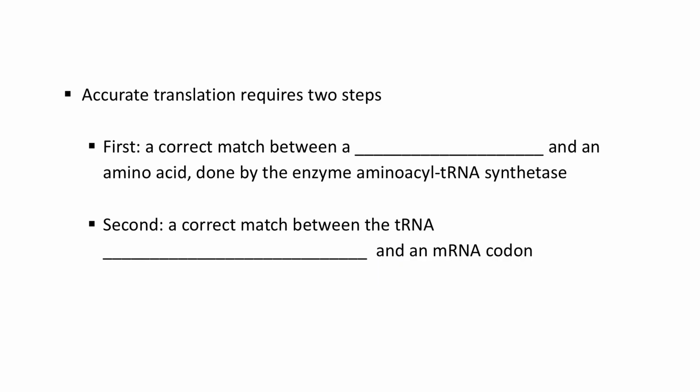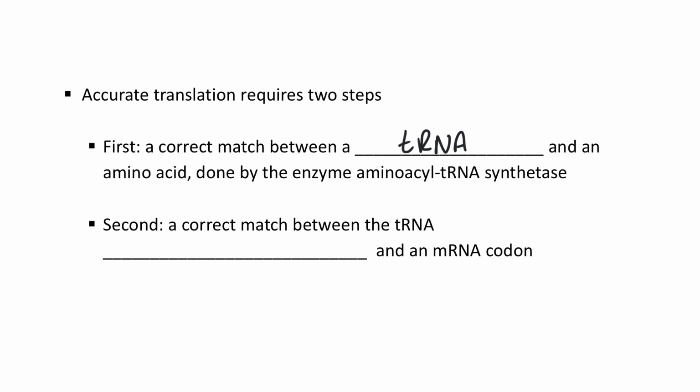Accurate translation is going to require two steps. First, a correct match between a tRNA and an amino acid needs to happen. This is important because the tRNA has to then bring that correct amino acid into the ribosome to the mRNA to allow for protein production.